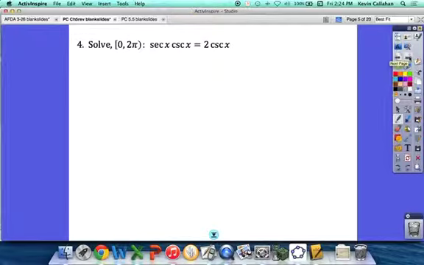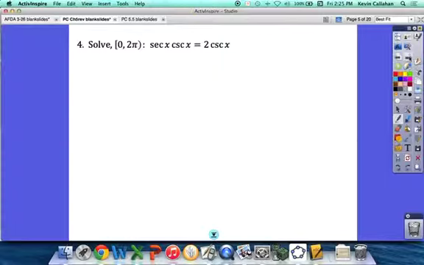Okay, solve. This time we've got a domain that says only from 0 to 2 pi. So let's see. Most people did exactly what we said to do, which is get everything on one side, 0 on the other, factor. Why do we say to do that instead of dividing by cosecant of x? However, in this case, you could have gotten away with dividing by the cosecant because it doesn't have any zeros.